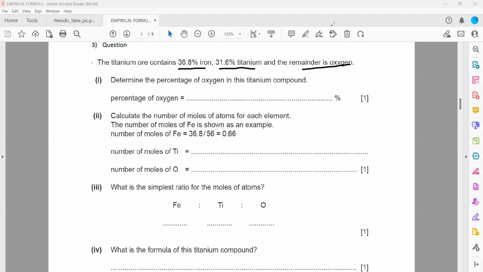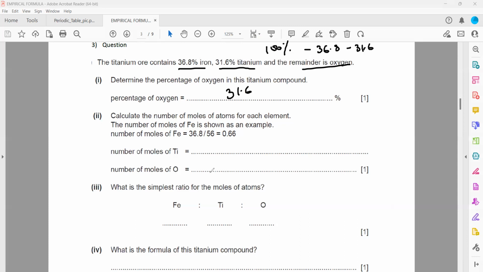We add the percentages of iron and titanium and then subtract them from 100. So we subtract 36.8 and 31.6, and we get the percentage of oxygen, that is 31.6 as well.